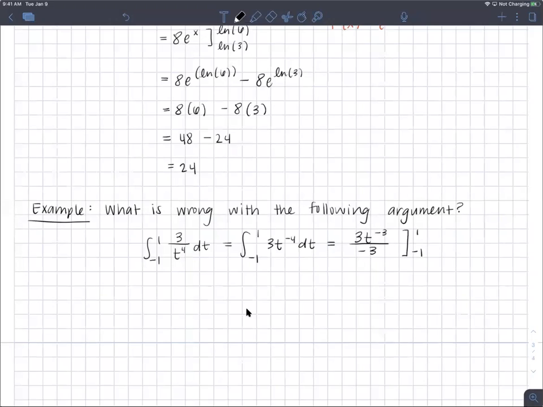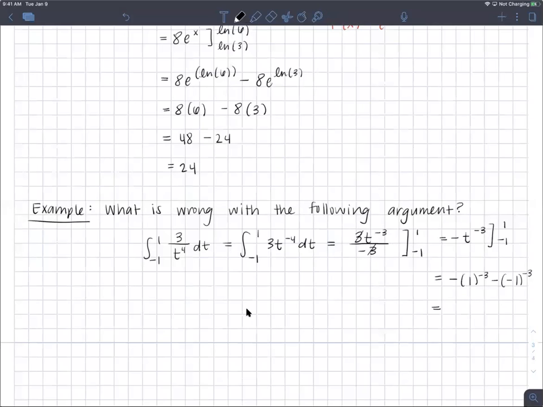And so when you do this, I can also just cancel these t's. So this is going to be t to the -3 over -1, or just negative t to the -3. I'm going to evaluate that from -1 to +1. And so what I'm getting here is -1 to the -3 power minus -1 to the -3 power.